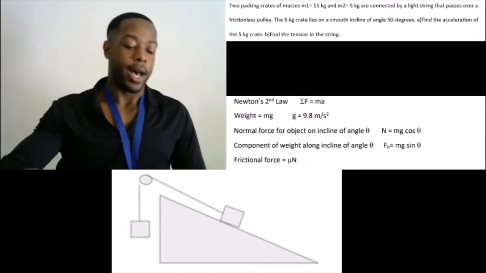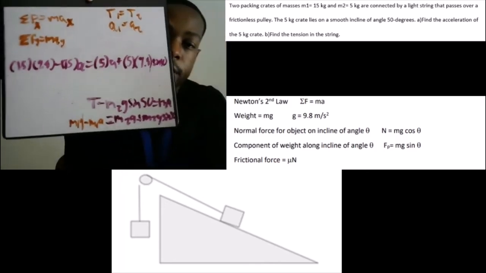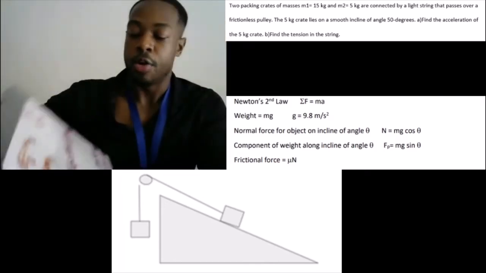So here's what we've got right there in the middle. That's the equation with all the numbers put in. We're going to solve for a, so let's get all the a's on one side.